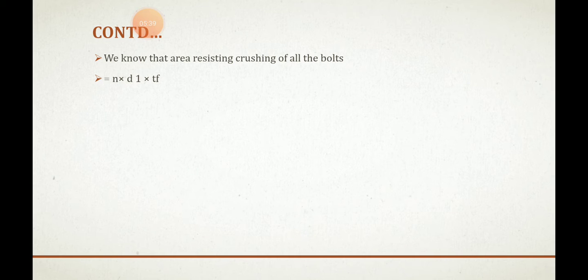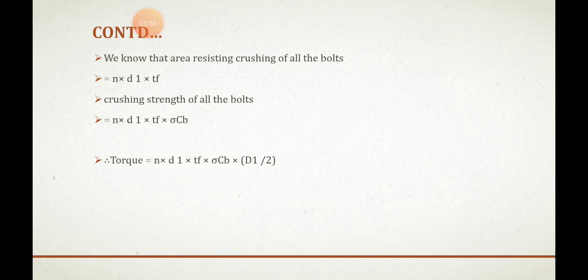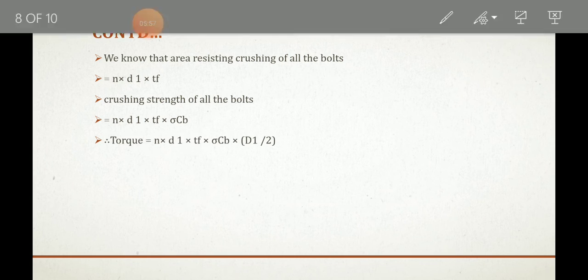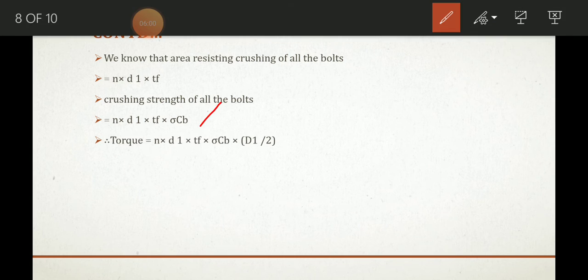Next we'll find out the resisting crushing stress for all the bolts. The formula is n into d1 into tf, where tf is the thickness of the flange and n is the number of bolts. This is the crushing stress for all the bolts, where sigma cb is the crushing stress.